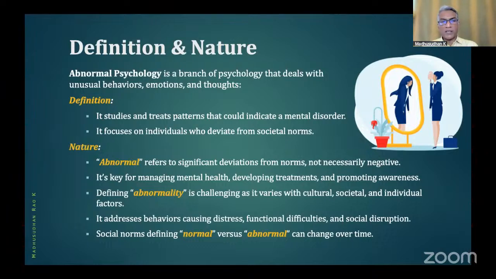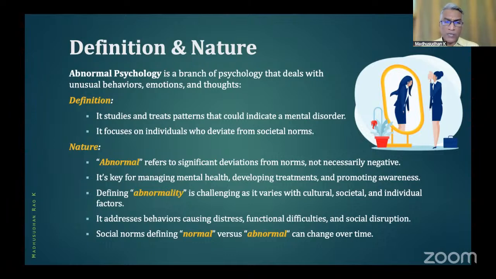So it's key for managing mental health, developing treatments, and promoting awareness. Now, defining abnormality is challenging as it varies with culture, society, and individual factors. As I already told you, it is very difficult to judge. Looking at one culture, you can't generalize every culture alike.